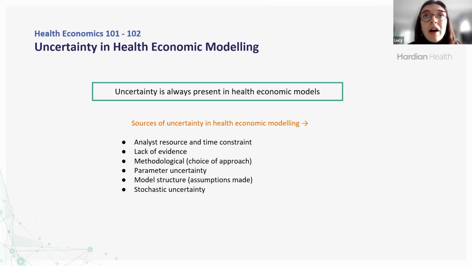As a result of that, there's always going to be some degree of uncertainty present in a model. And the sources of this, for one, can be analyst time, resource, and constraints. A model's never going to be perfect.